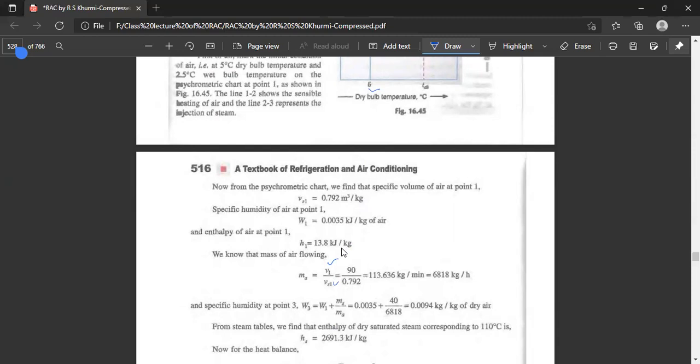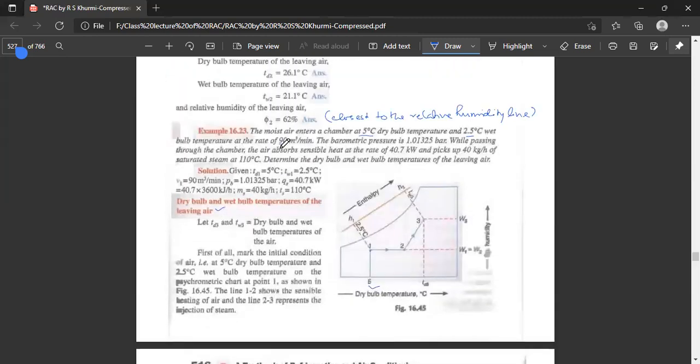So we put both together, and where the mass of the steam injected is given here.